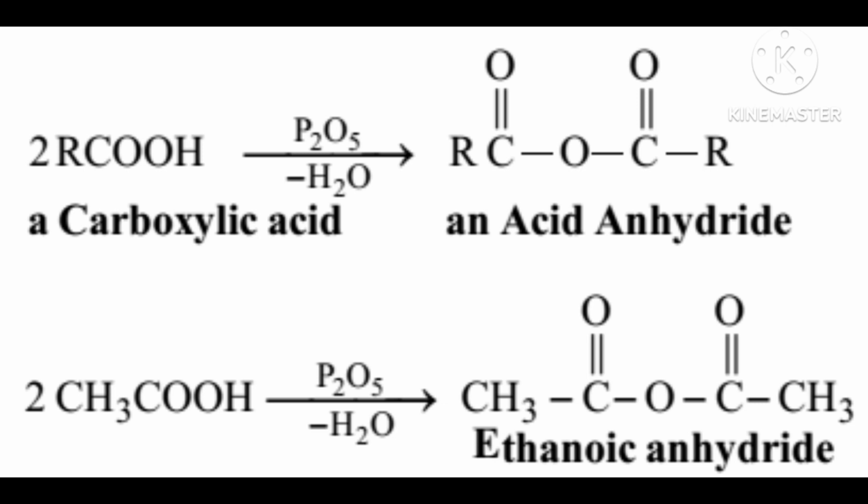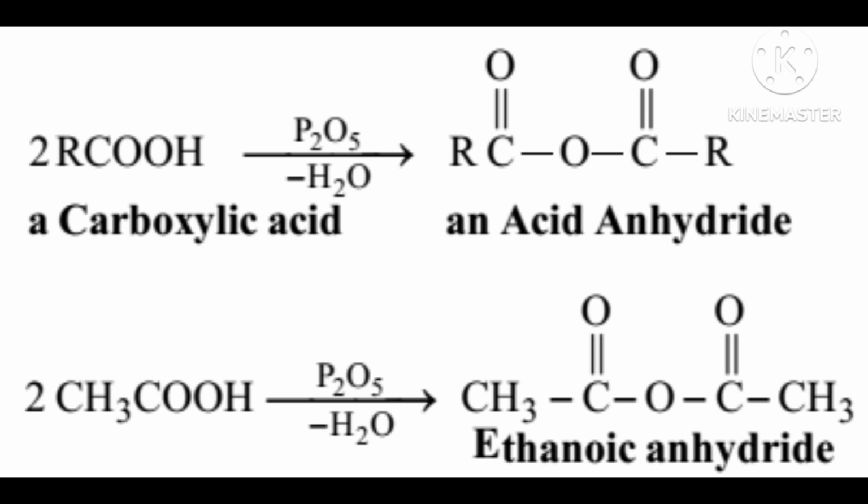Then H plus will join with O, and that double bond will become a single bond. Then it formed OH, and O has joined with carbon. In the carboxylic acid one OH group is already there, and now this OR is attached. Correct?